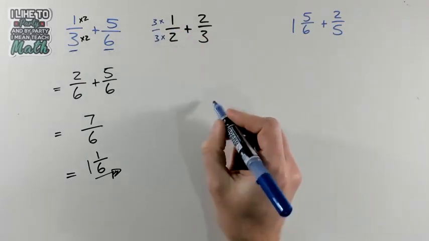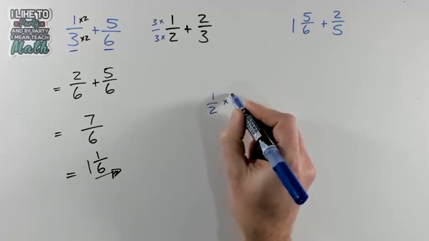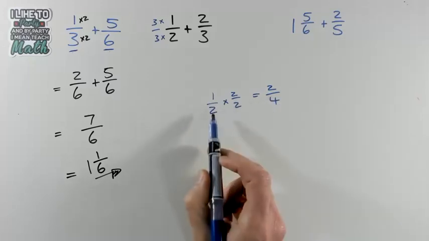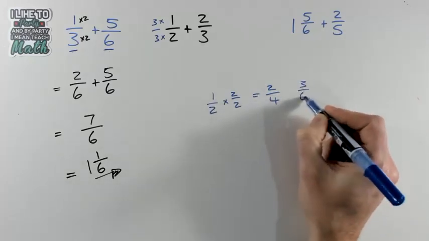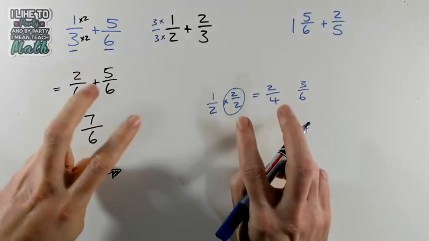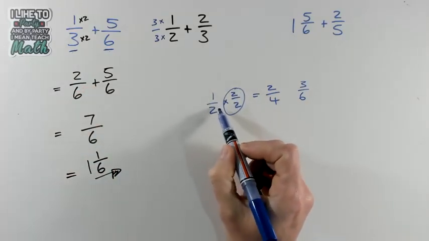So whenever I have fractions like a half, if I were to multiply top and bottom with 2, for example, I'll get 2 over 4. And you know 1 over 2 is the same as 2 over 4, is going to be the same as 3 over 6.